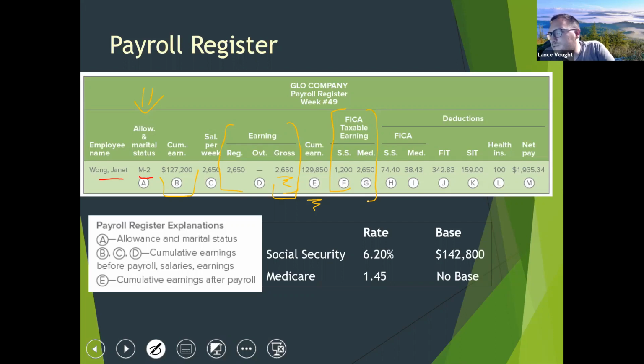Even if you made like $142,801, it would feel good to be like, that one last dollar you earn ain't being taxed by Social Security. And then next year it'll probably be like $200,000 because of inflation and because we've underfunded Social Security for so long. So unfortunately, I think we'll all be paying into Social Security forever.